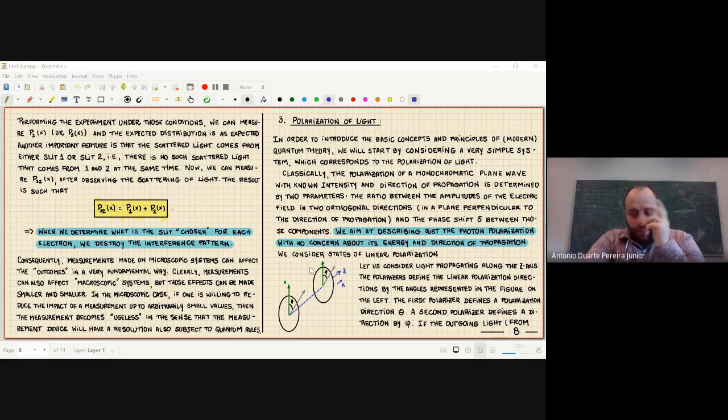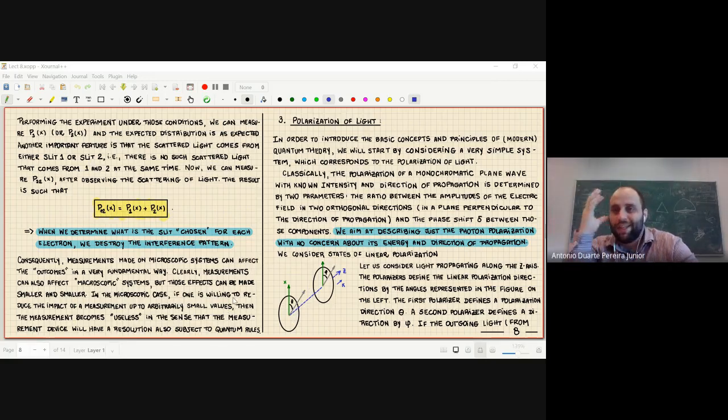When I talk about electromagnetic waves hitting the polarizer, I can think of an electric field that is very complicated, so it has components in different directions. When I throw light against the polarizer, the component in this direction will pass through, but the other components will be absorbed.